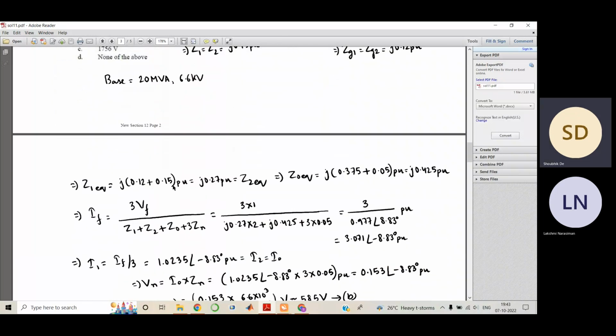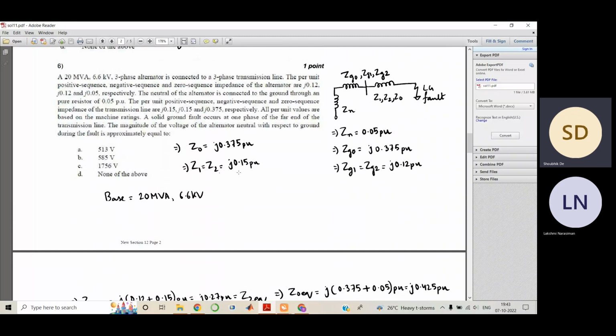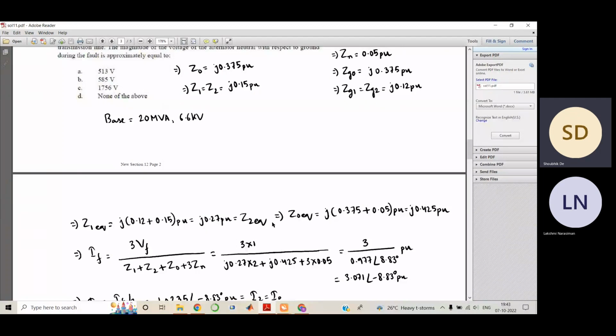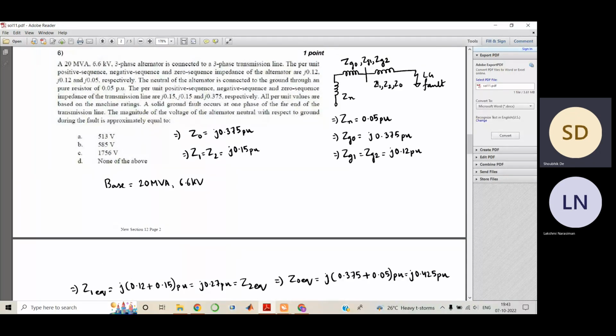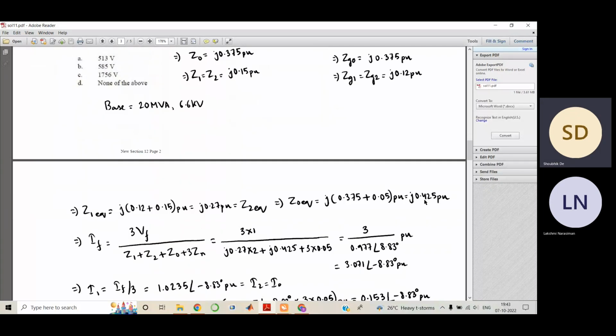So just add up: Z1 would be 0.12 here and 0.15 here, so j0.27. This is also equal to the negative sequence impedance, and your zero sequence would be 0.05 plus 0.375, so j0.425.